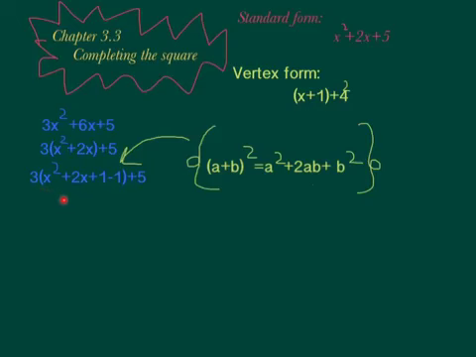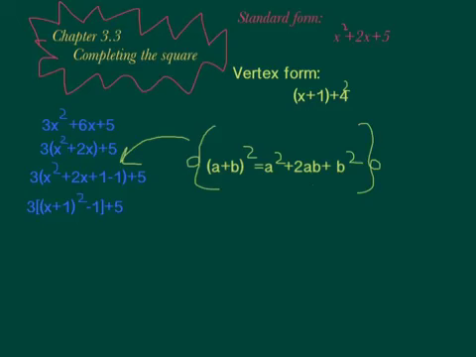Now, we now see that after manipulation, this matches this formula. Okay, my a is x, sorry, my b is 1. Okay, so this is my next step. I've taken this, and I've turned it into x plus 1 squared minus 1.